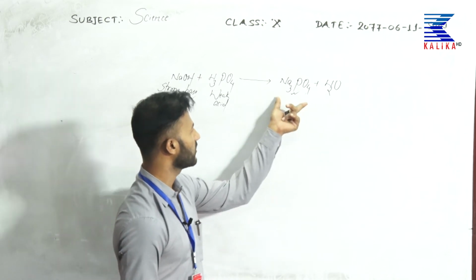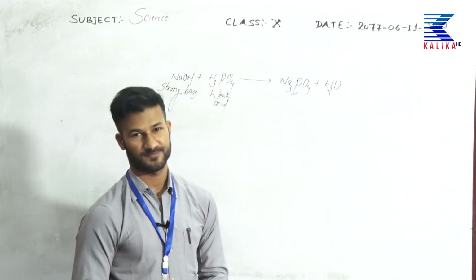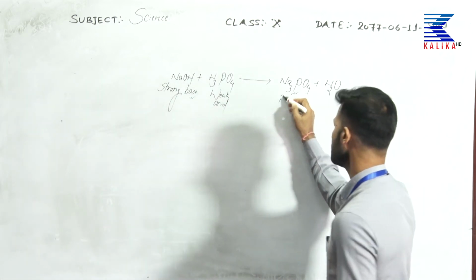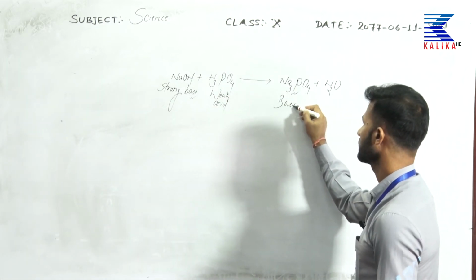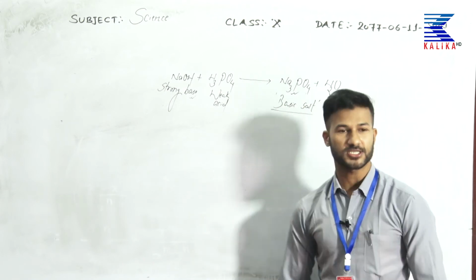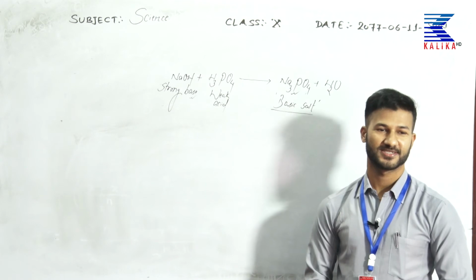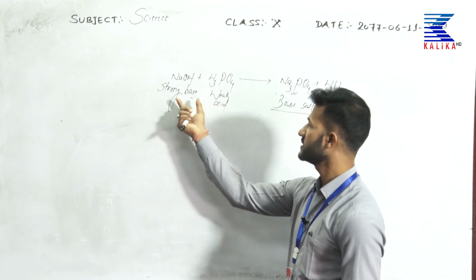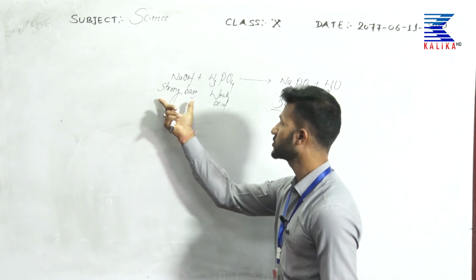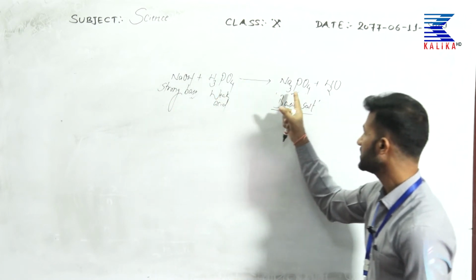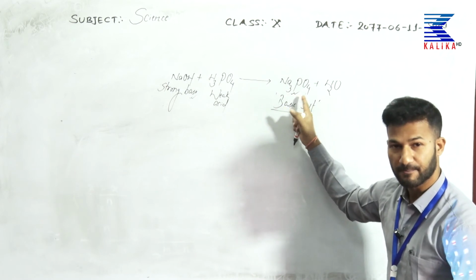So it is called basic salt. It is called basic salt because it is formed by reacting strong base with weak acid. So it still possesses basic property.